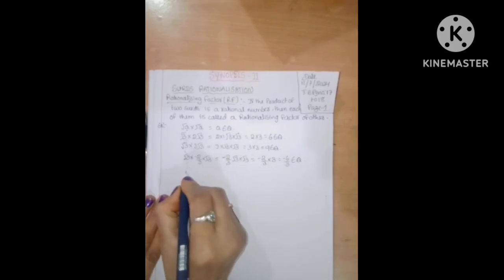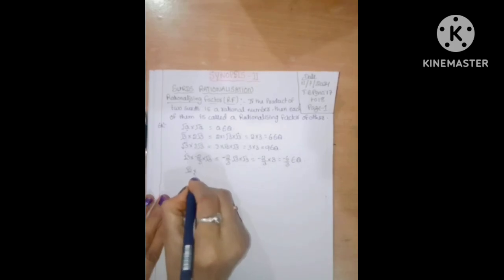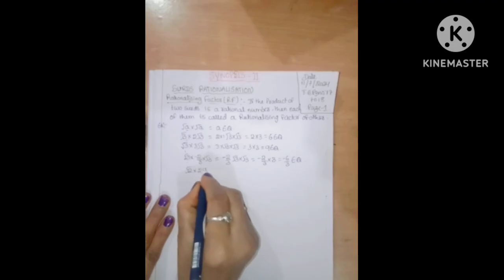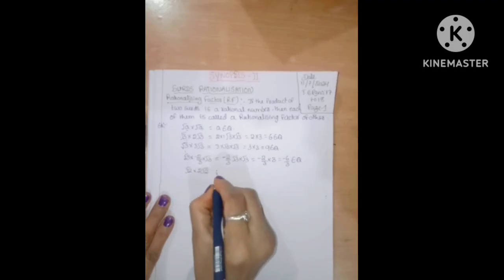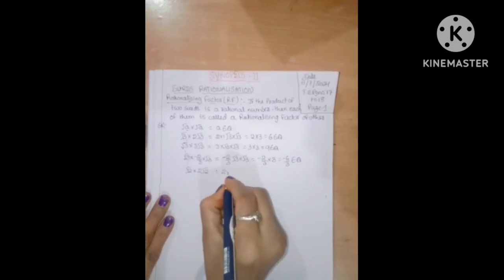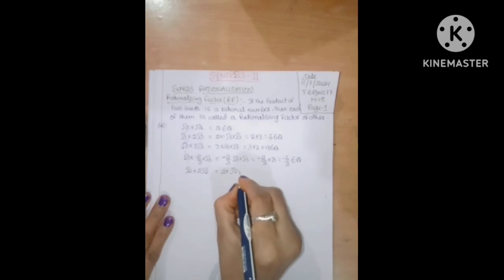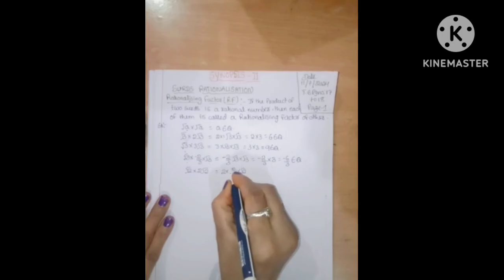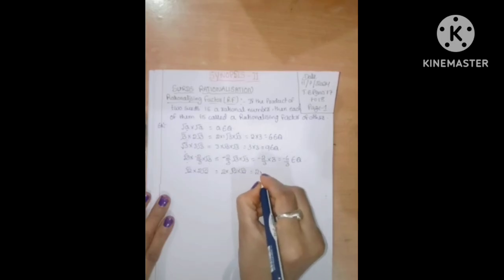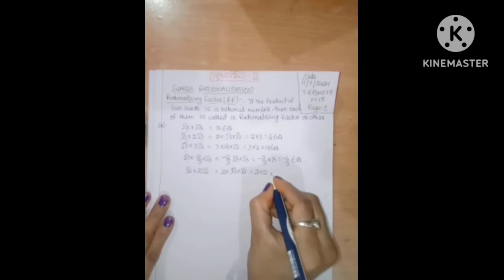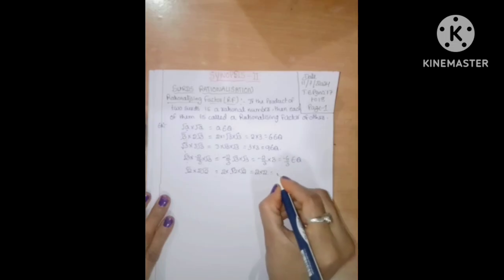Next, suppose root 2 into 2 root 2. That is also the product of the orders and the product of the surds: 2 root 2 into root 2 is 2 into 2, which is 4.